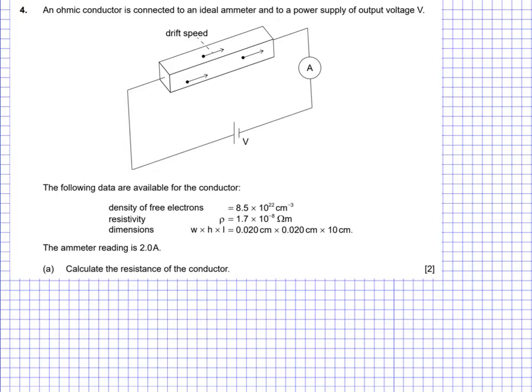Pretty simple this time. We've just got ourselves a circuit, so we can see obviously there's a drift speed represented by these dots and these vector arrows.